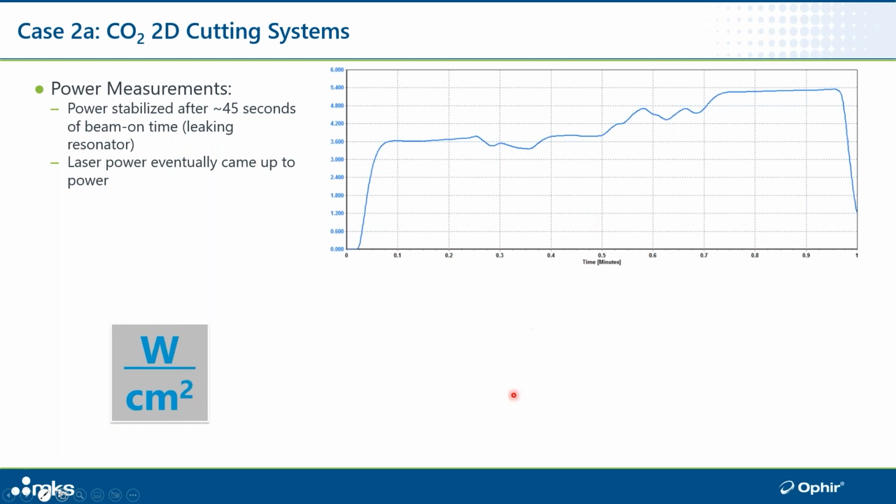If you can imagine what's going on in this cut, you're starting off with low power, you're fluctuating power, and then 45 seconds later you're eventually getting up to the cut. What that cut looks like during this time was pretty ugly.